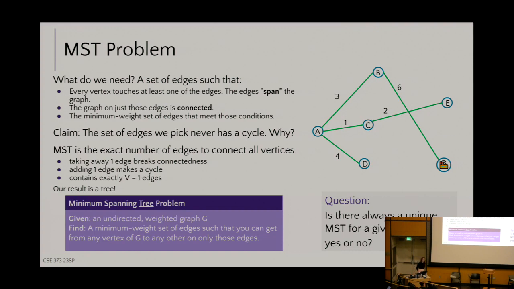Do we have any interesting thoughts we'd like to share? Can anybody come up with a situation in which there might not be a unique MST? Yeah. We thought of a triangle where all the edges have weight 1. Ah, interesting.